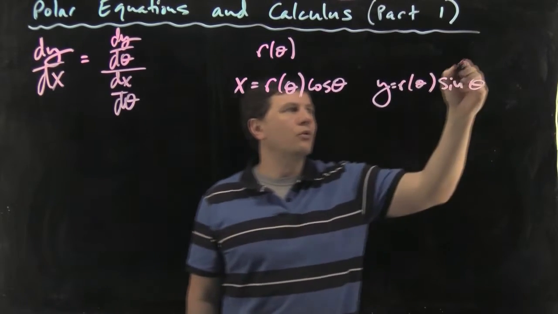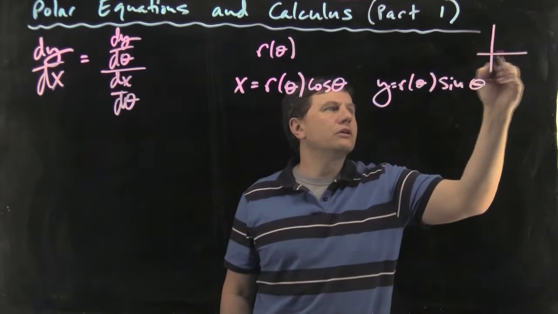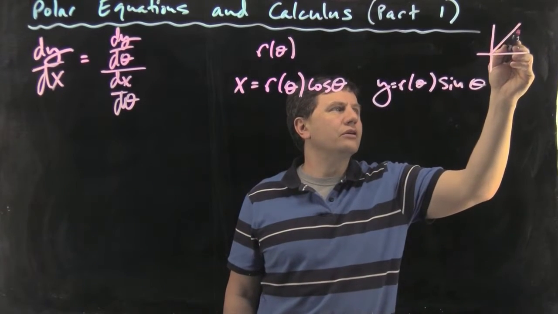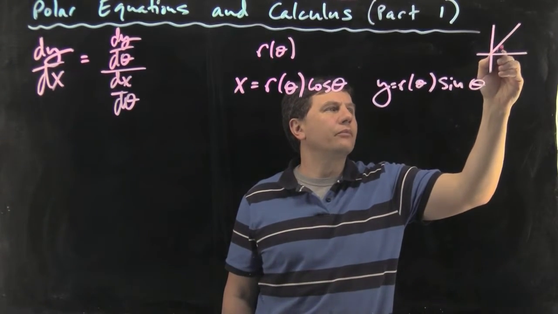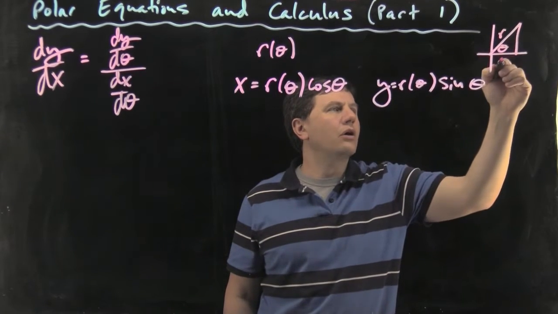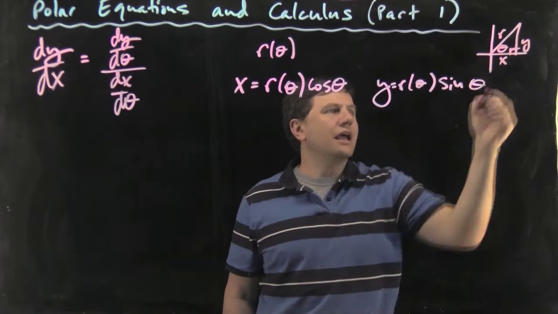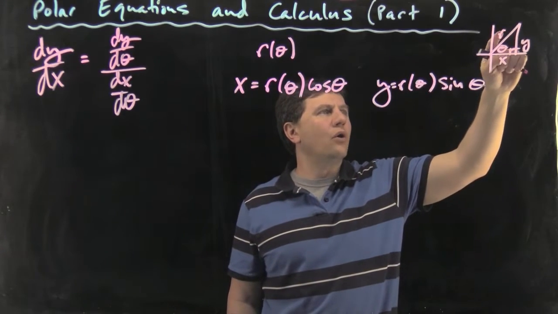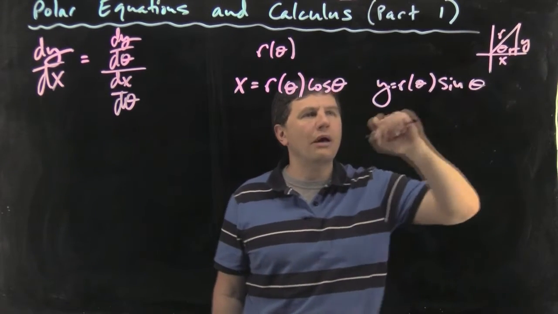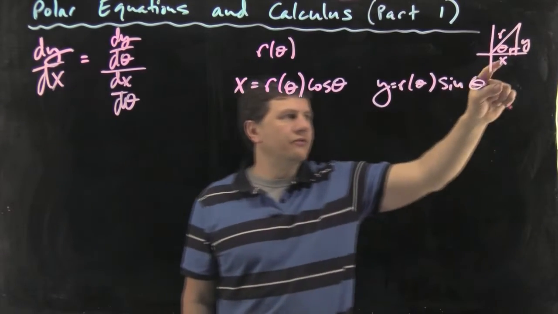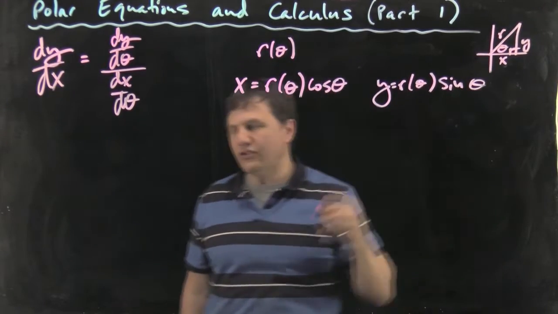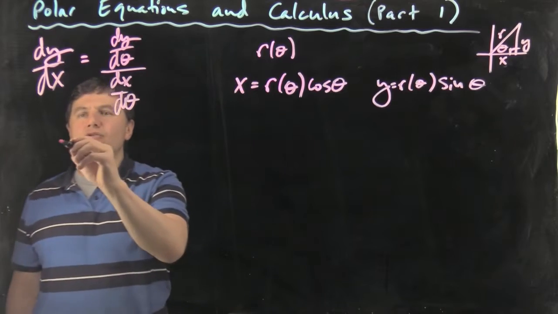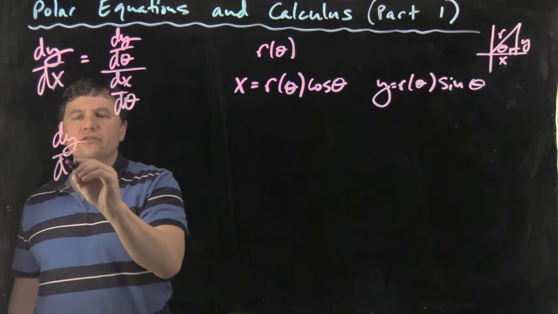And if you forget where that comes from, if we look at a polar graph here, we have theta, we have r, we have x, we have y, and that's just SOHCAHTOA. So sine is y over r, so we can solve for y, and the same thing for x, but in terms of cosine.